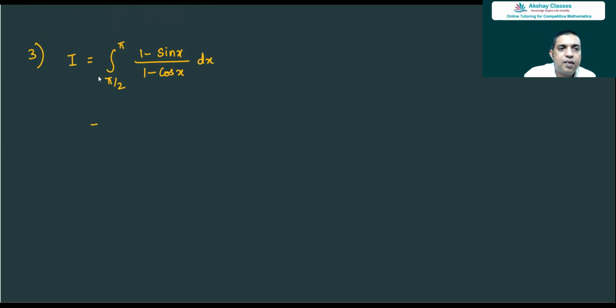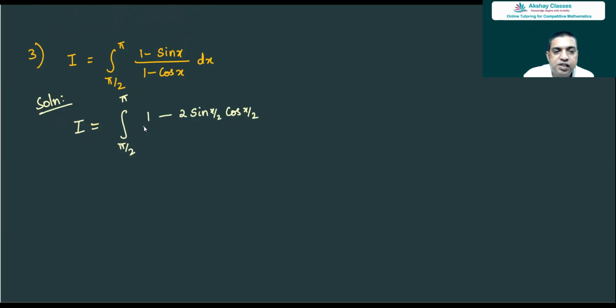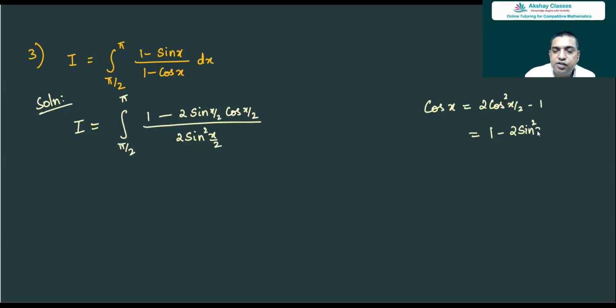So again, reducing to standard forms, the solution. So write the numerator as 2 sine x by 2 cos x by 2, and the denominator will be 2 sine square x by 2, because cos x is 2 cos square x by 2 minus 1, or it is 1 minus 2 sine square x by 2.